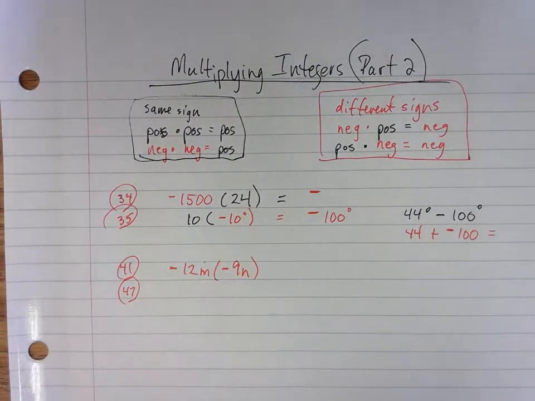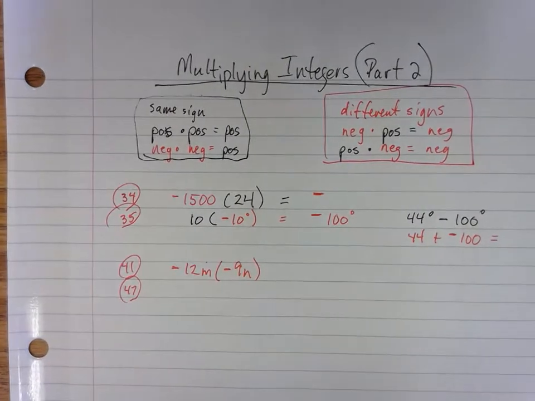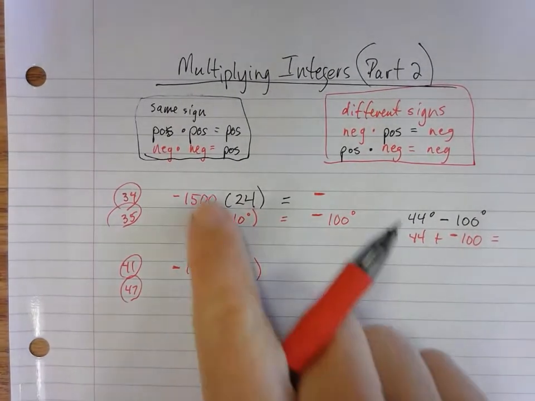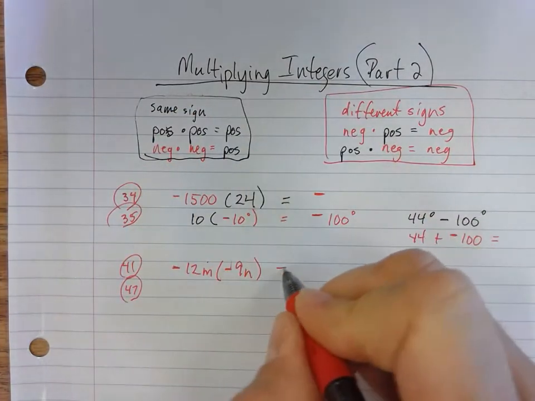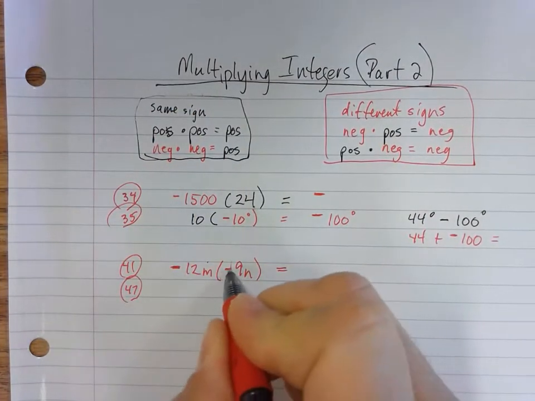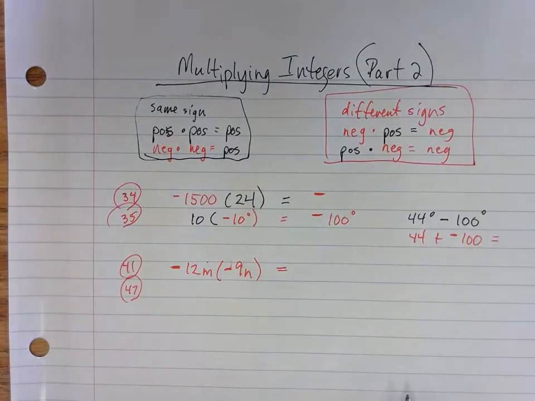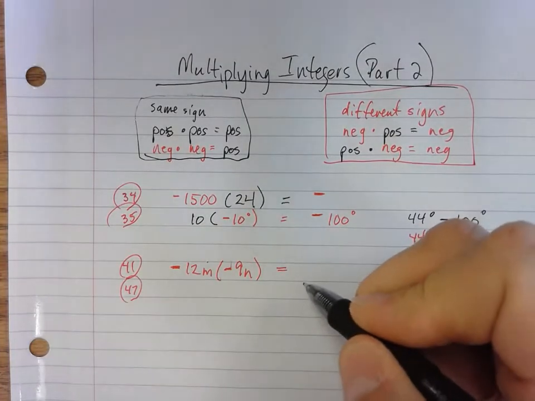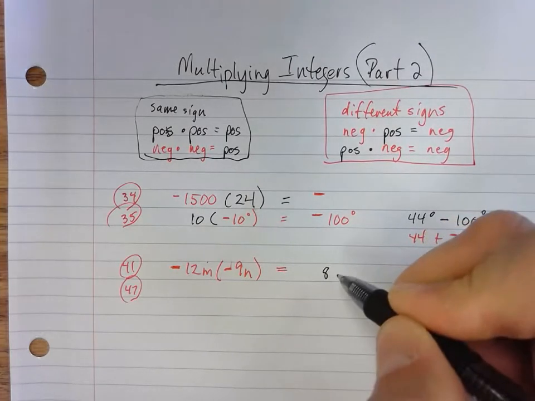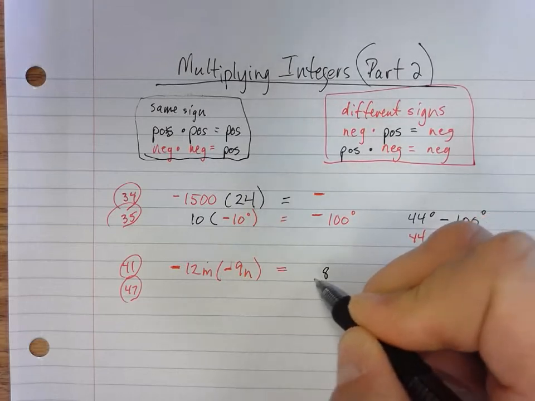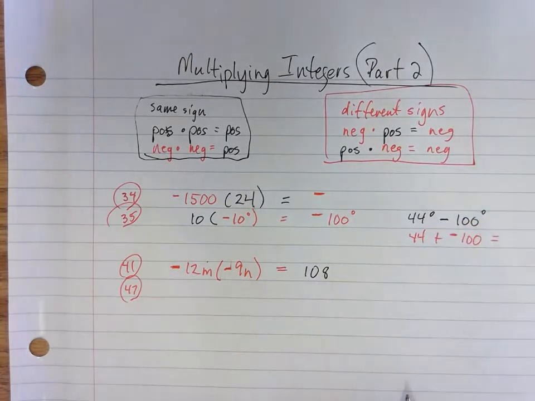Negative 12, negative 9. Okay? So if I need to go look back up at my chart, and they've got the same sign, and negative times a negative is a positive. So a negative times the negative is going to be a positive answer. 12 times 9. And 9 times 2 is 18. Carry my 1. So it looks like that is 108.